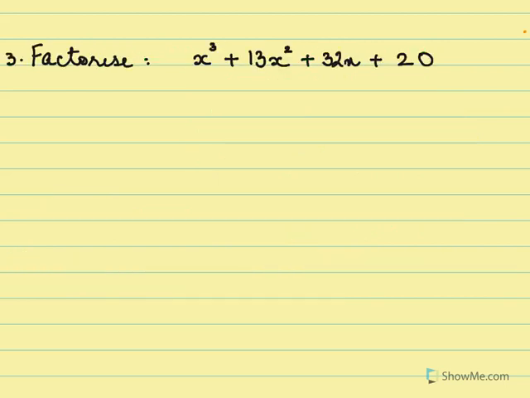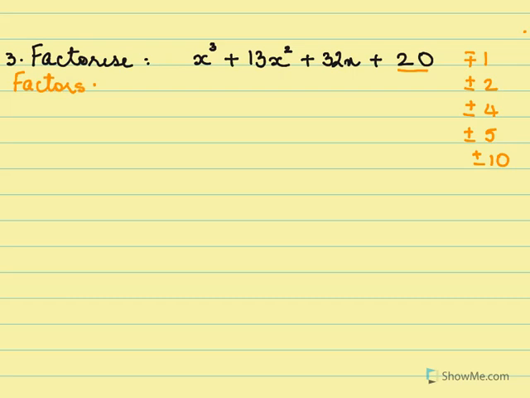Factorize x cubed plus 13x squared plus 32x plus 20. Now since this is plus 20, the factors could be plus minus 1, plus minus 2 or plus minus 4, all factors of 20, plus minus 5, also plus minus 10.